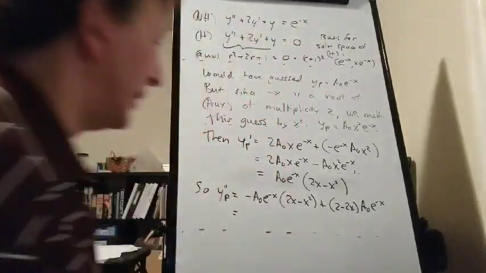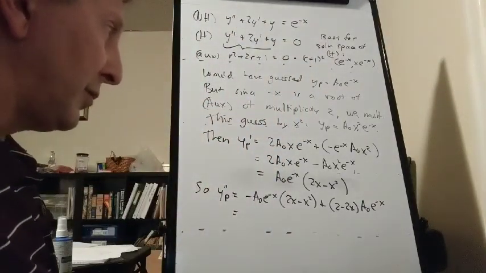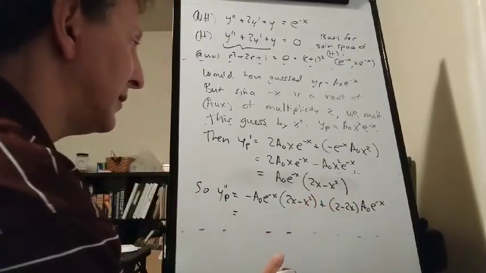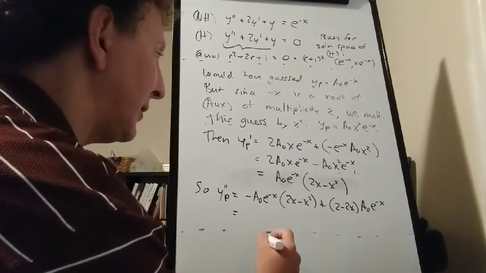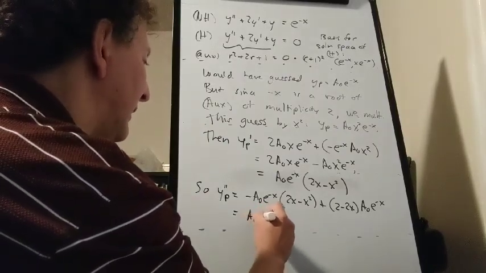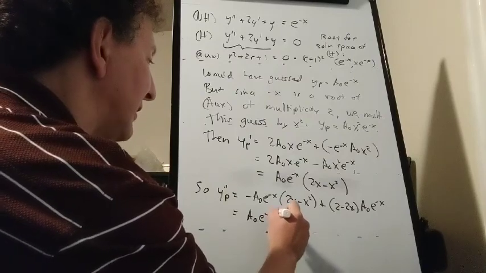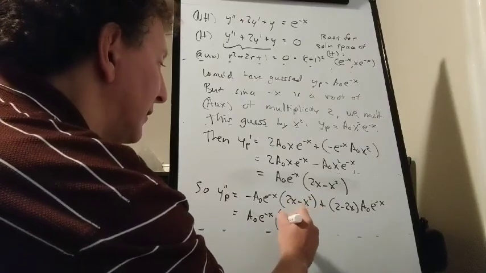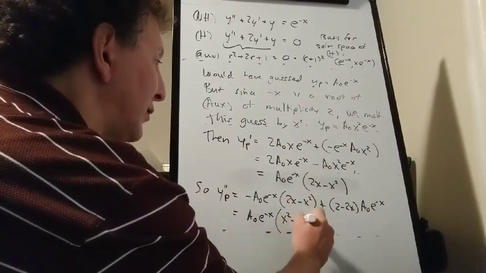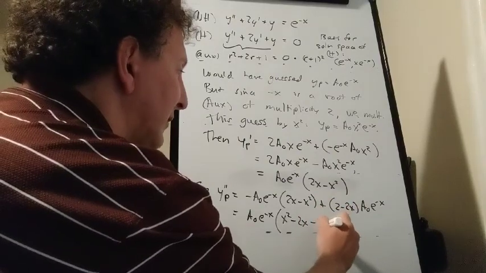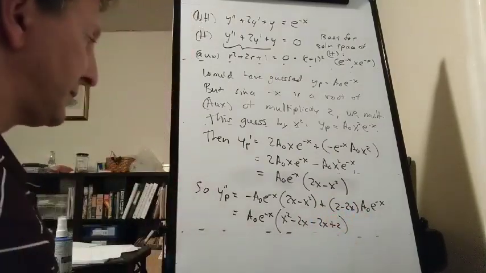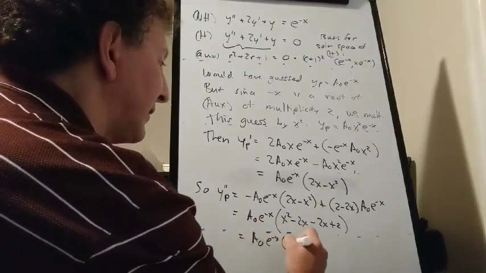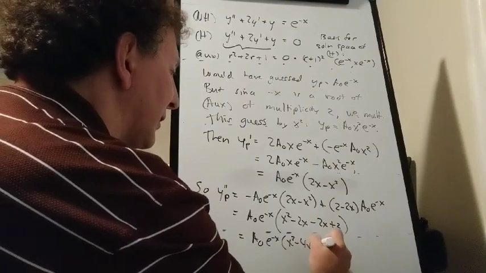And if we collect terms, I'll keep a naught and e to the negative x outside, and then we have negative 2x plus x squared minus 2x minus 2x plus 2. So a naught e to the negative x times x squared minus 4x plus 2.